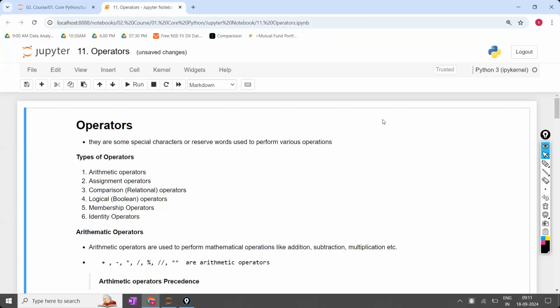Okay. So in the last class, we discussed the fundamental data types: int, float, boolean, and string.